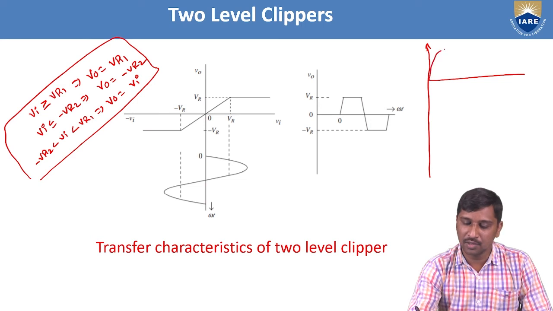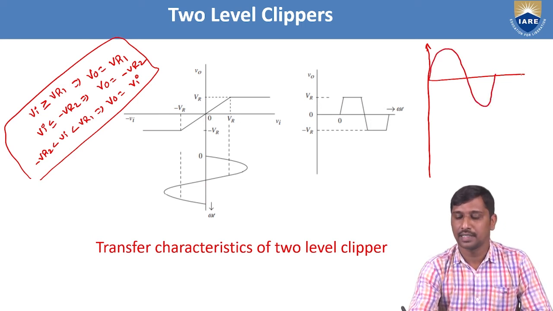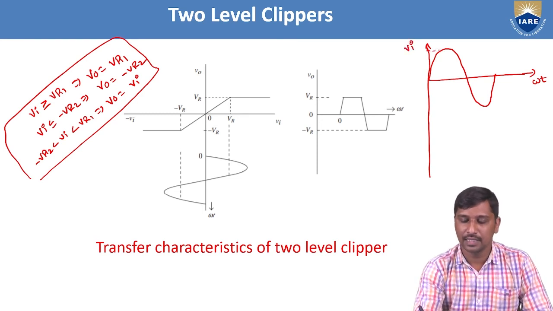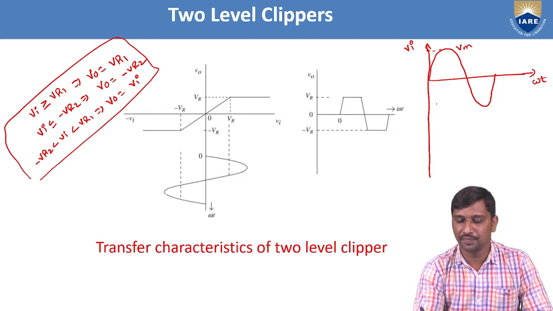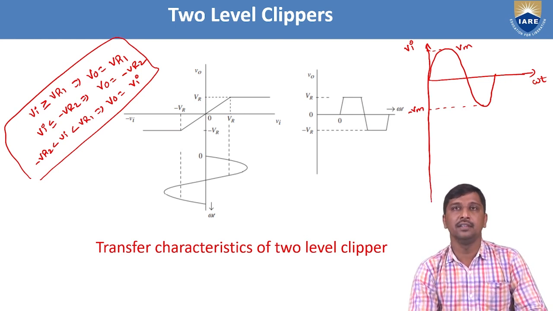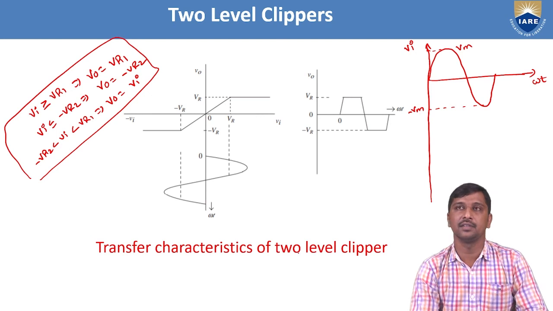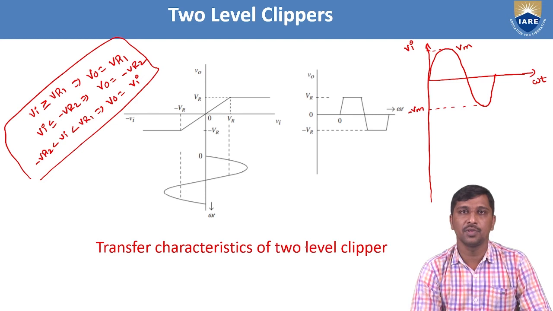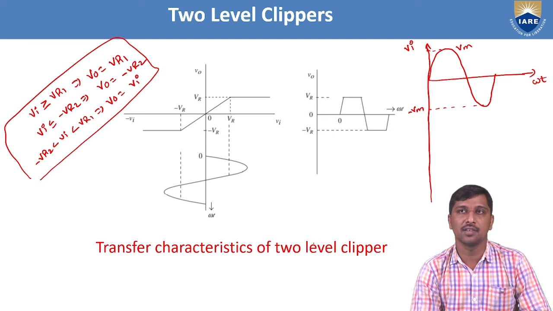Let us take the input signal, with omega t on the axis, and I am representing Vi. Let us take this as the maximum peak voltage, Vm, and this is the negative peak voltage. First, we need to define the given reference voltages, VR1 and VR2. We take both amplitudes to be the same, but with opposite polarity.